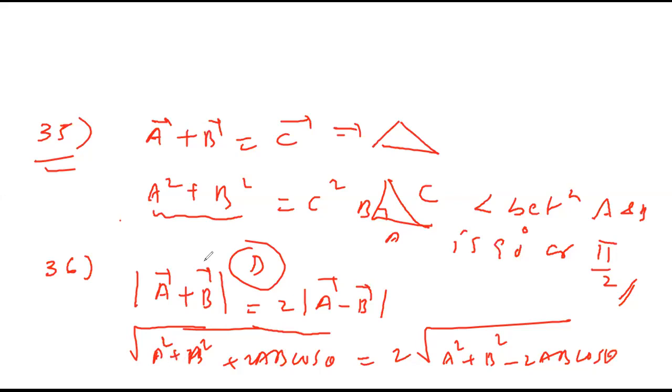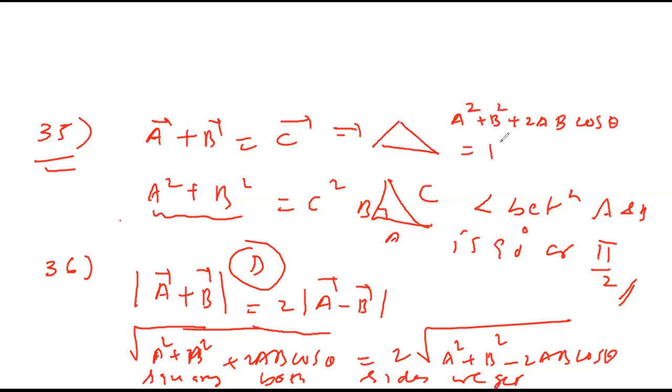Now when I square this, squaring both sides, we get A square plus B square plus 2AB cos theta equals 4 times A square plus B square minus 2AB cos theta.